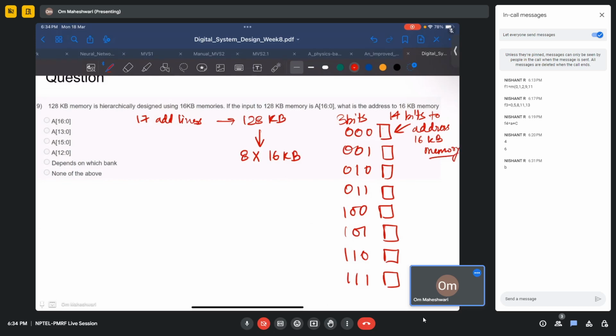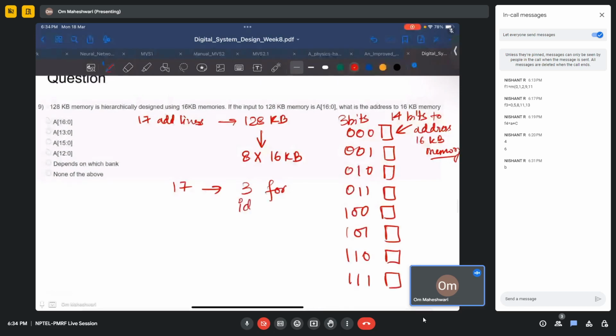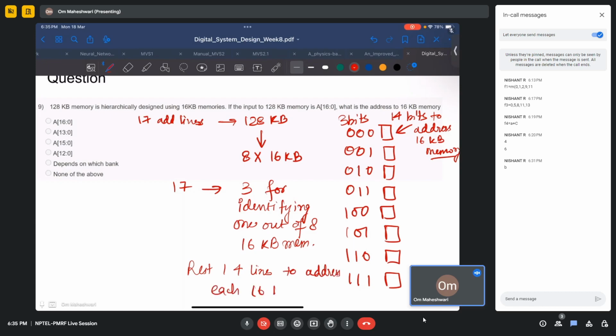So out of 17, if we are using 3 for identifying 1 out of 8 16 KB memories, there are 14 lines to address each 16 KB memory.